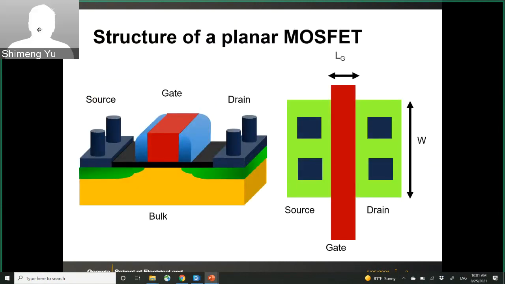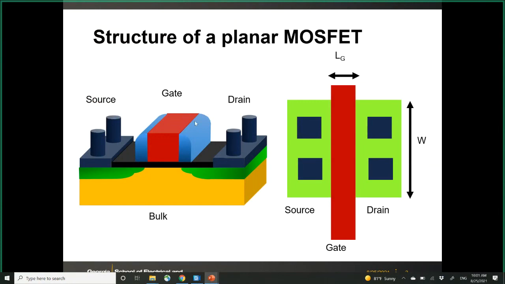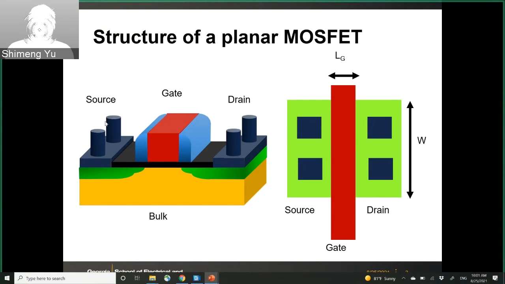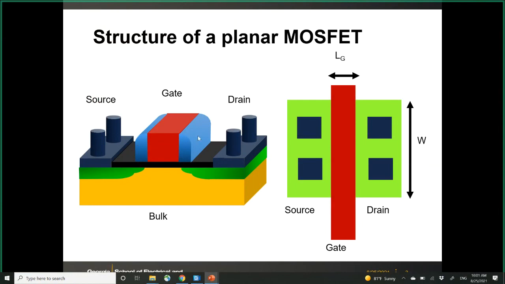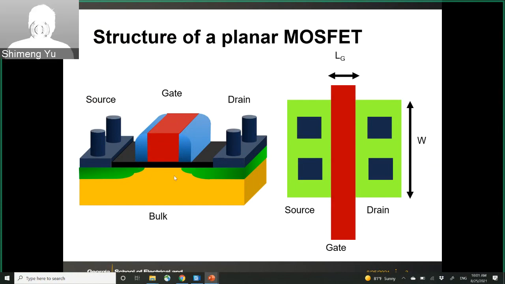So this is the structure of a planar MOSFET, and this is the gate, and then the source and the drain. This is like a cartoon figure from the bird's eye view. But if you are a circuit designer, then you will deal with the layout on the right.